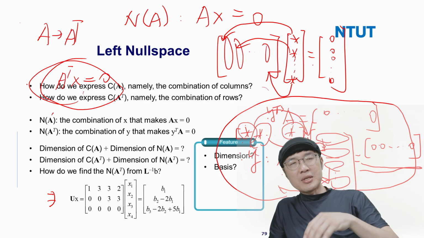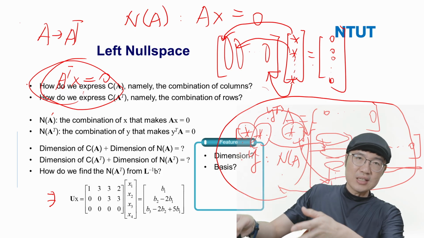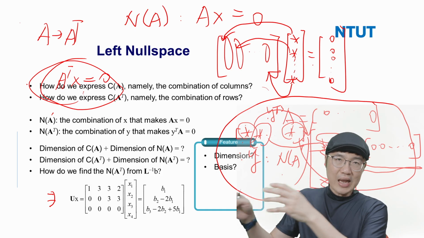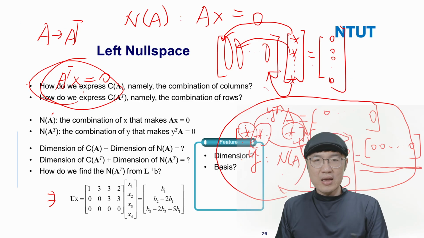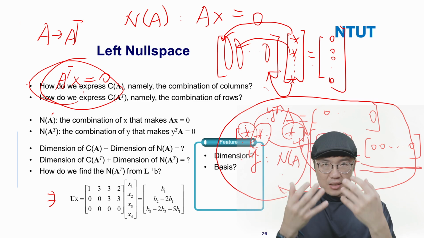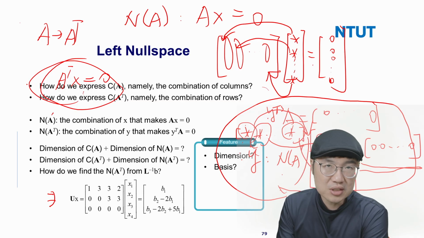The first step is the first row times 2 and add it to the second. The second step is the first row times minus 1 and add it to the third. And the last step is the second row times something and add it to the third row. We find those elimination matrices, we combine them together. Yes, this is a way, but it's too slow.